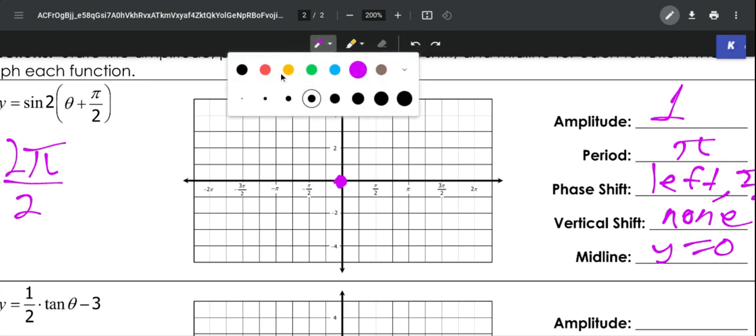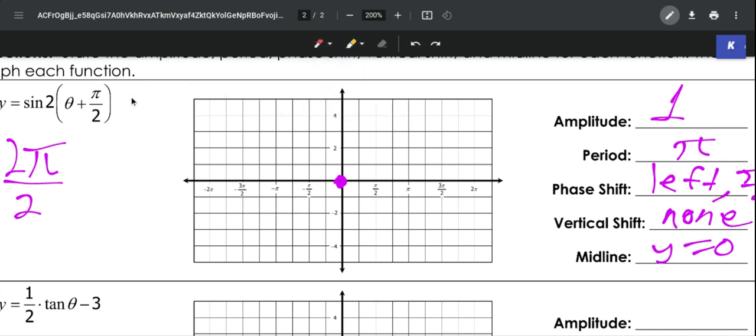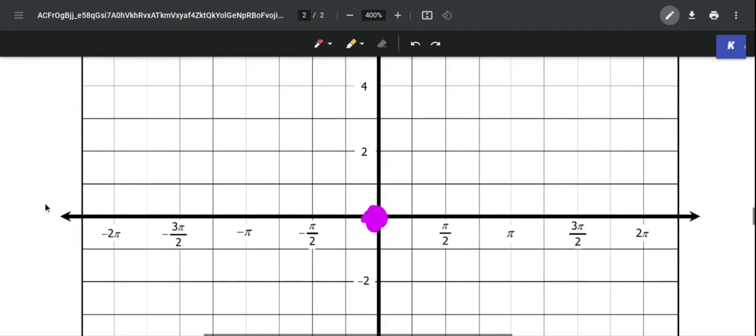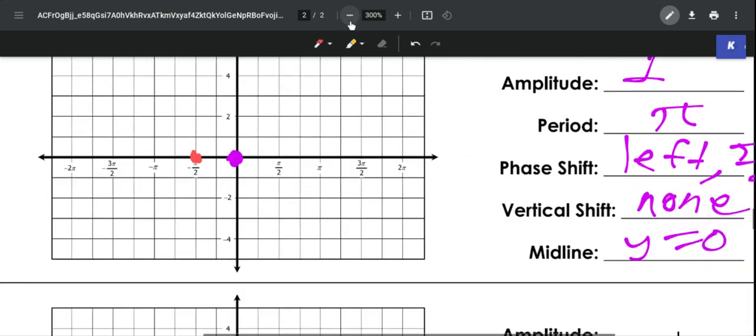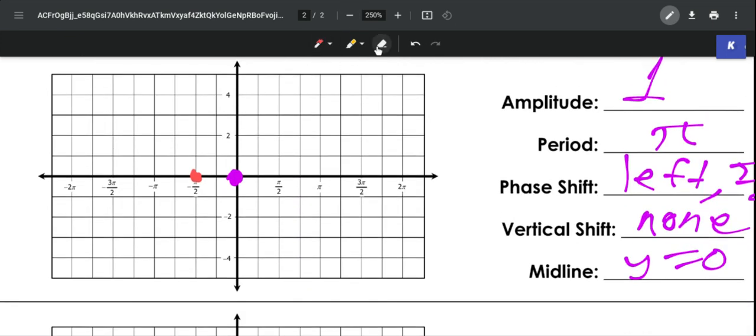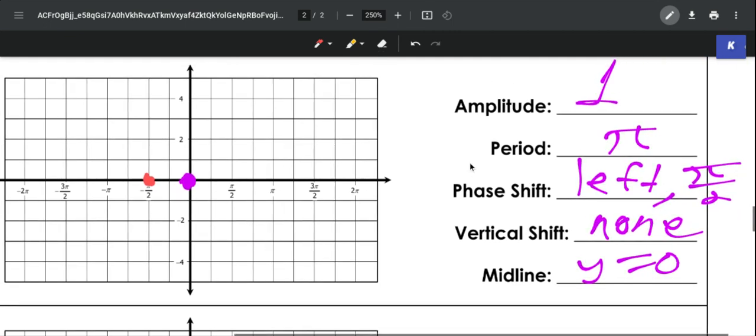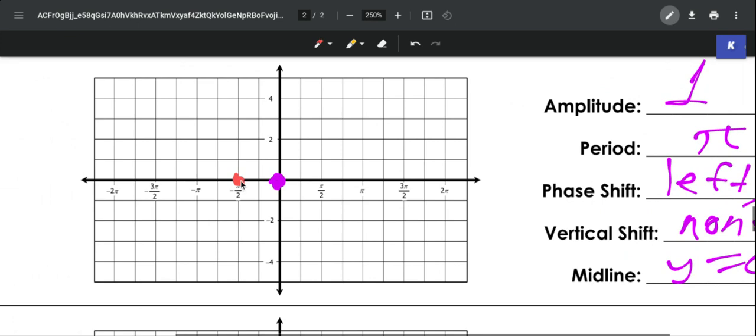So instead of our point being at that purple point at the origin, it's going to move here to negative pi over 2, because that would be the same thing as going left pi over 2 units. So it would be right here. All right, now you can essentially get rid of your start point because there's no other shifts happening, and then you can just graph this like you normally would, except now we're starting at negative pi over 2 instead of the origin, so you can get rid of that.